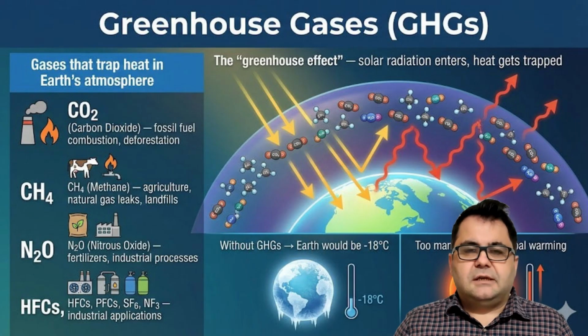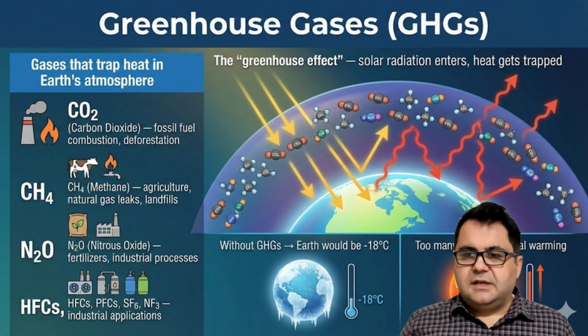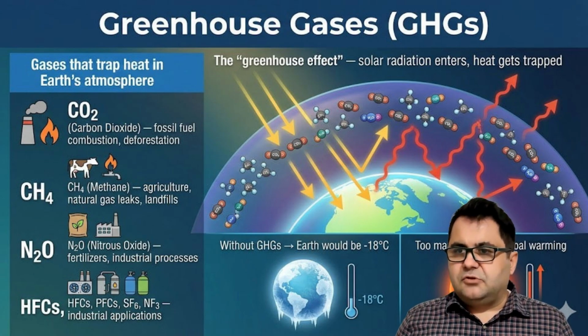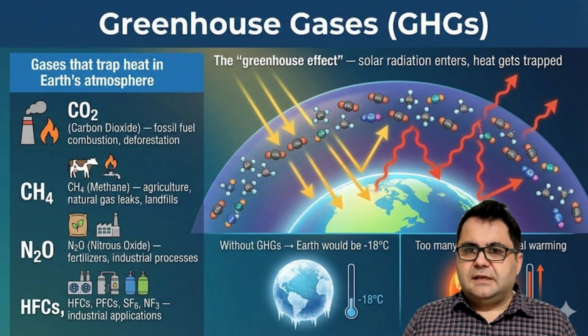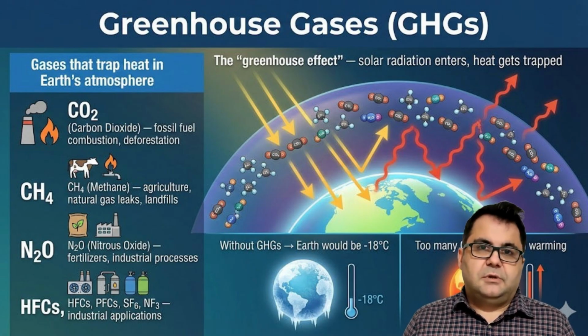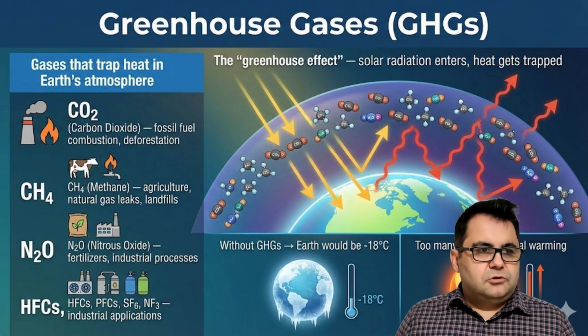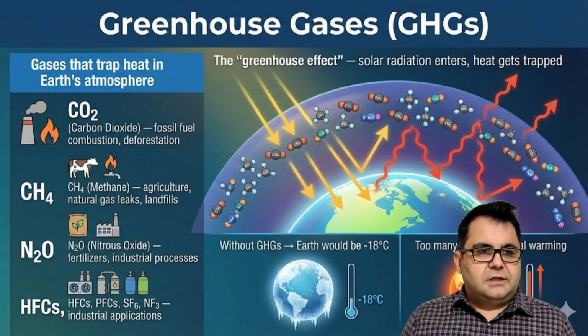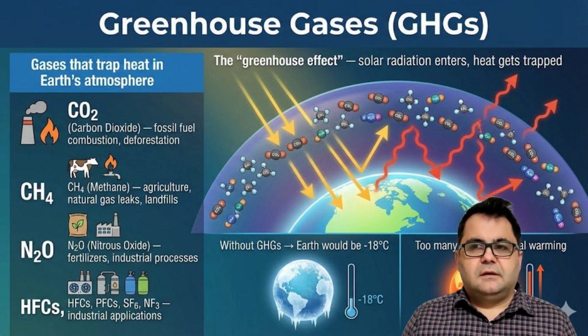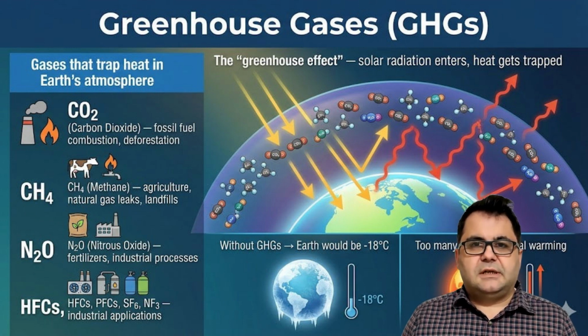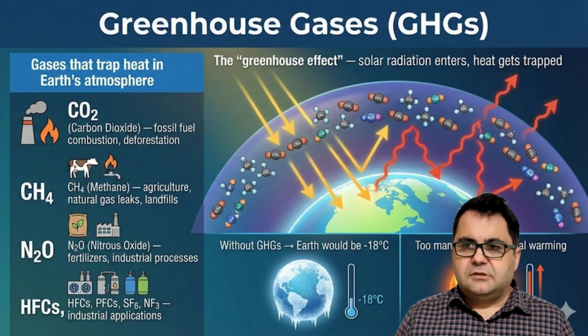Let's start with the science. Greenhouse gases are gases in our atmosphere that absorb and re-emit infrared radiation, essentially trapping heat. The main ones are carbon dioxide from burning fossil fuels, methane from agriculture and natural gas systems, and nitrous oxide from fertilizers. There are also synthetic gases like HFCs used in refrigeration.